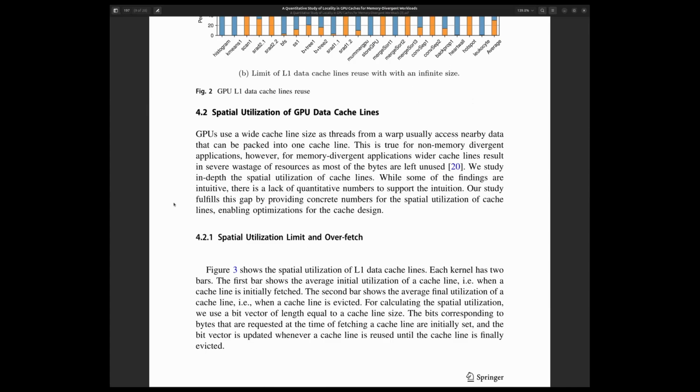This is pretty important because, as said here, GPUs have a wide cache line size of 128 bytes, and we see that threads from warps tend to access data nearby to the data accessed by another thread in the same warp. So what this section really aims to do is quantify the spatial utilization of cache lines to find the potential optimizations in cache design.